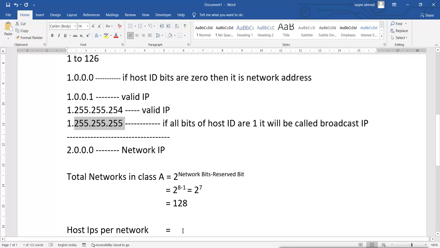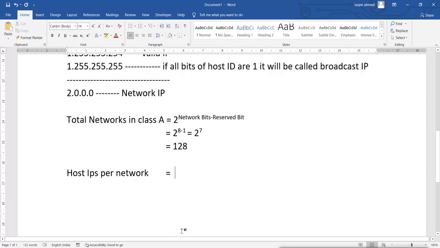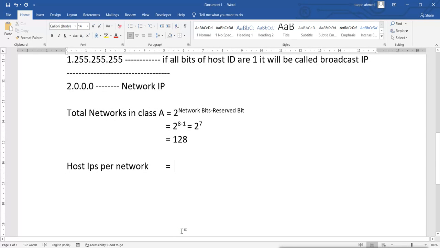So how many is it actually? If you want to calculate that, you can use the formula 2 raised to the host bits. That means the total number of host bits. How many total host bits do you have?